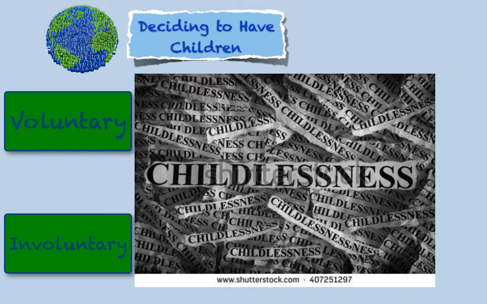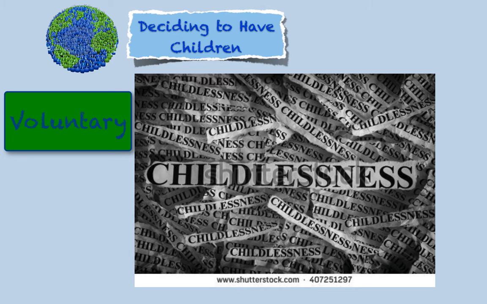The involuntary childlessness is related to infertility, not being able to get pregnant or achieve pregnancy in one's own lifetime, whether that is because of low sperm count in men or women not producing viable eggs.